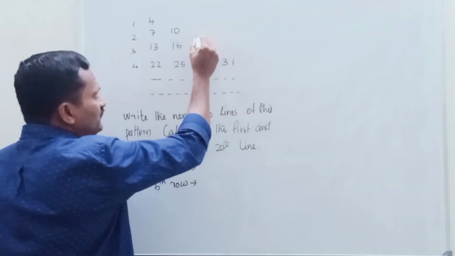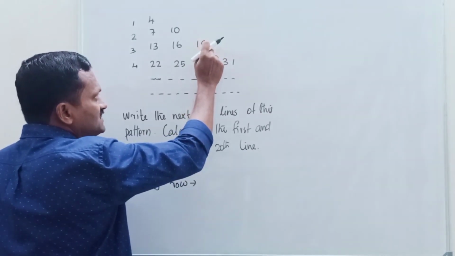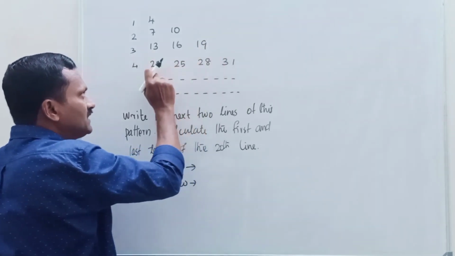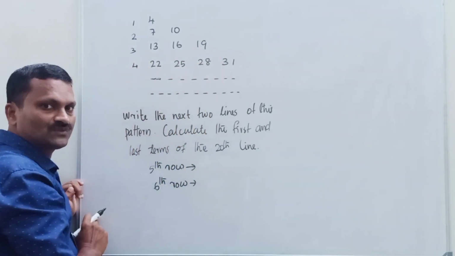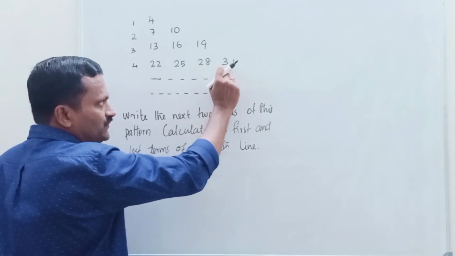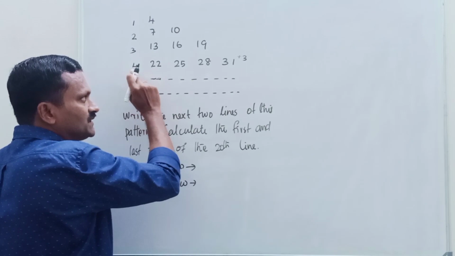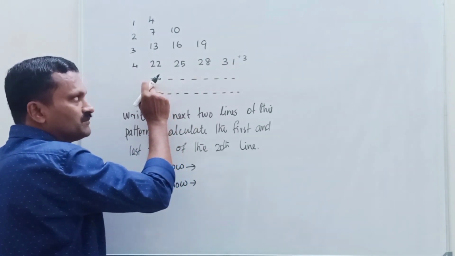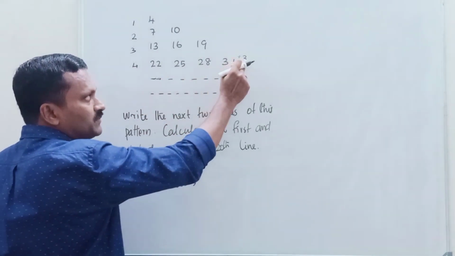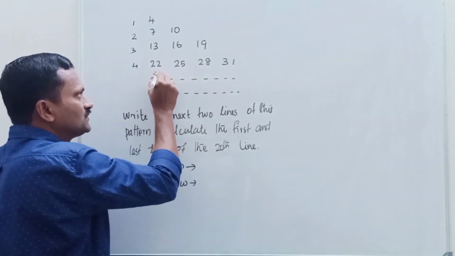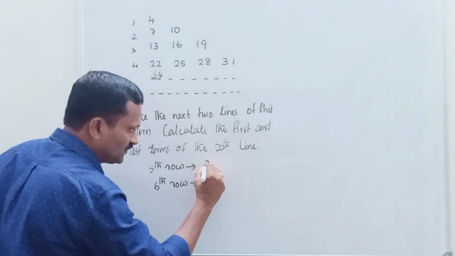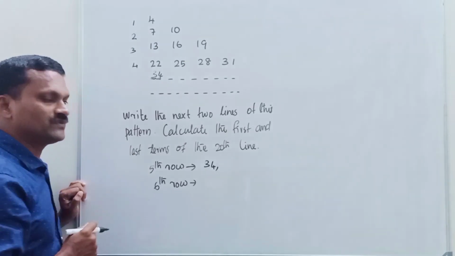That is, if we add 3 to the last number in the third row, it will give the first number in the fourth row. Similarly, if we add 3 to the last number in the fourth row, it will give the first number in the fifth row. 31 plus 3, that is 34. Therefore, 34 is the first number in the fifth row.